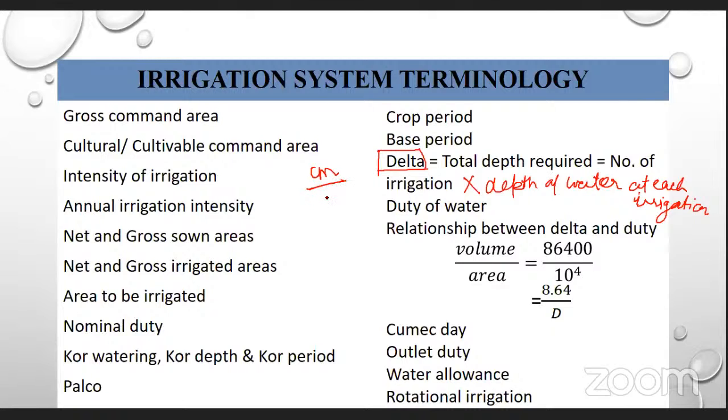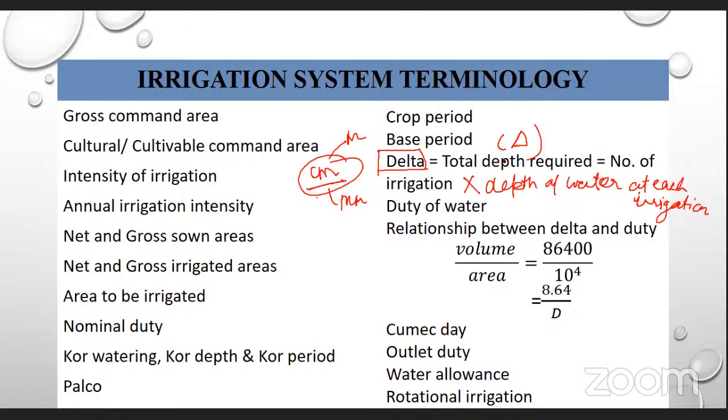This delta is usually given in terms of centimeters. The centimeter can be converted to meters and millimeters also, but usually it comes in centimeters. And this delta is also denoted by a symbol like a triangle.